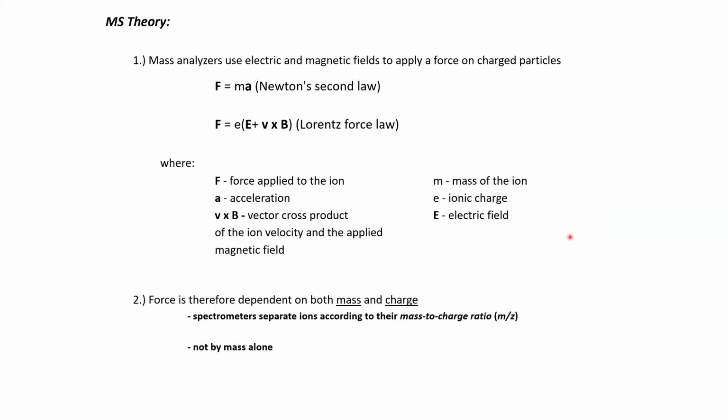And it's also related to Lorentz's force law, where F is equal to the ionic charge, q, times the sum of the terms inside the brackets, where E is the electric field strength plus v times B, which is the vector cross product of the ion velocity v and the applied magnetic field B. So the force is therefore dependent on both mass and charge, and spectrometers separate ions according to the mass-charge ratio, m/z, and not by mass alone.